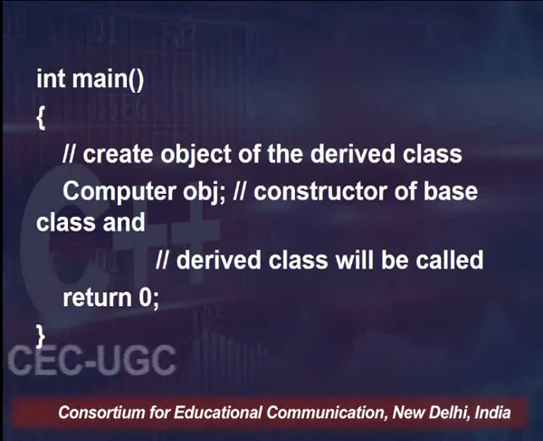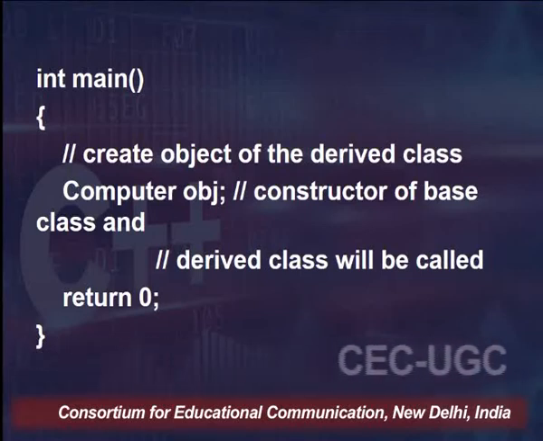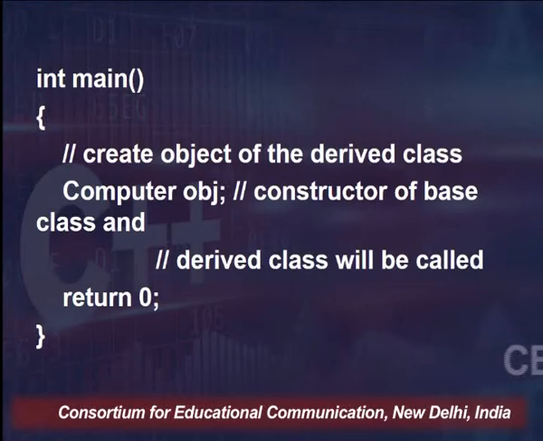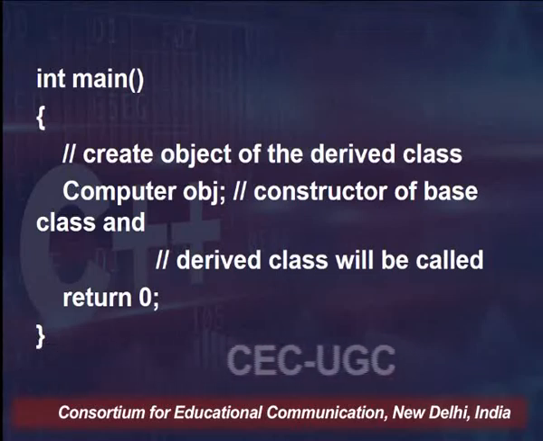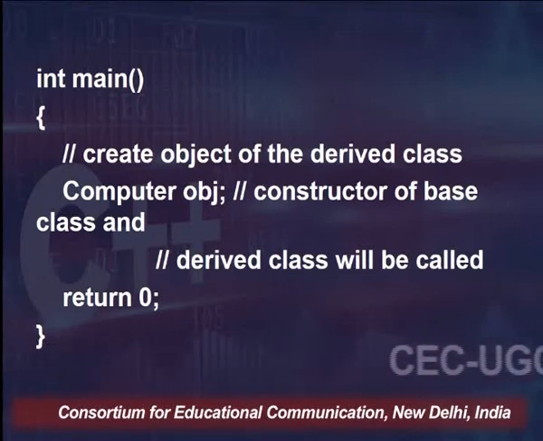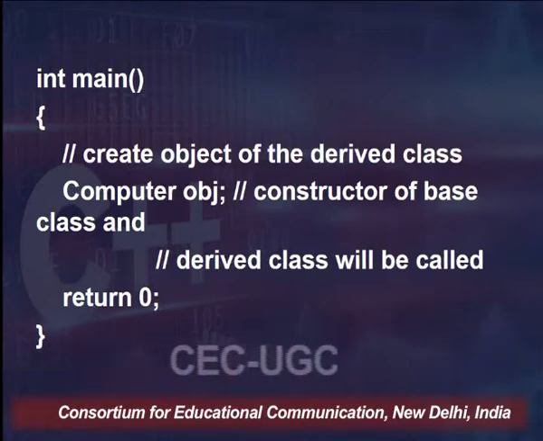Ideally, in a normal situation when we are not talking about inheritance, creating an object of class Computer will call its own constructor, Computer. But now this class Computer has one constructor of its own and one constructor in the public section derived from its base class.